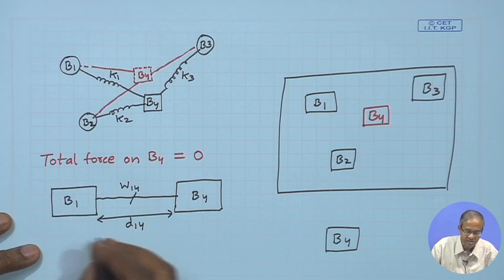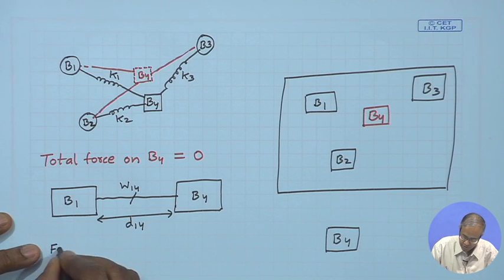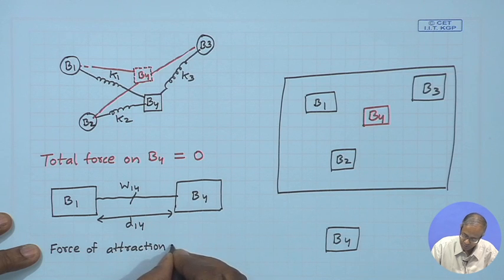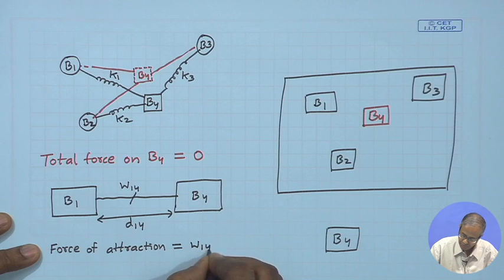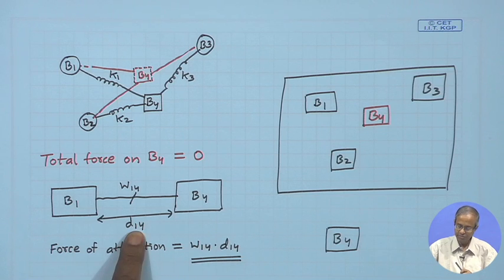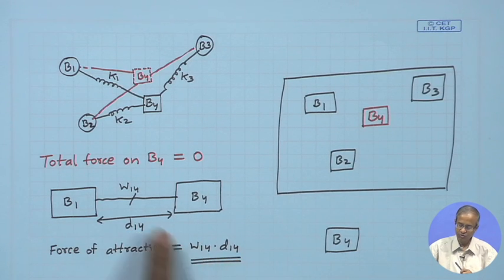So, the force of attraction between these two blocks B1 and B4 will be W14 multiplied by D14, just exactly like Hooke's law. It will be proportional to the distance. W14 will be the constant, right.